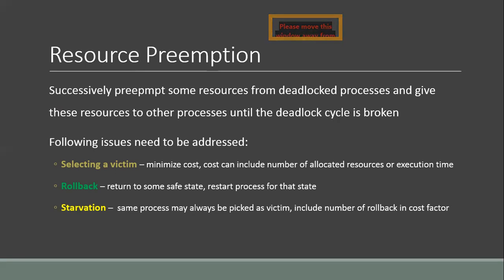We can include the number of rollbacks in the cost factor. That is, while deciding which process should be selected as a victim, we can take this parameter into account, that is, how many times this process has been rolled back already.